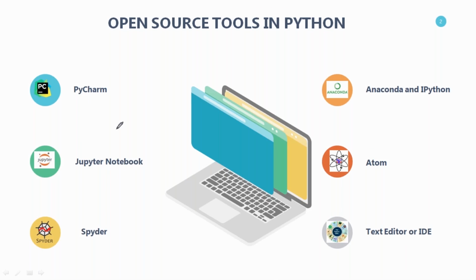And Jupyter Notebook, then Spyder, then Anaconda, then Atom, then Text Editor IDE. There are so many tools like VS Code, Vim, PyCharm, Git, and Sublime Text Editor. There are many tools, but we will be using the few that are used extensively in the projects.